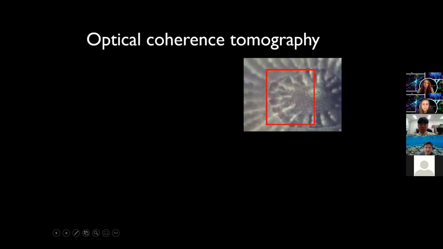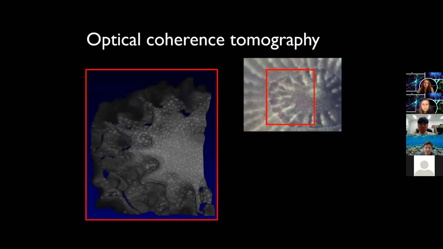The way the data looks is a bit like this. This here is a polyp that has been imaged. That's a USB camera image.